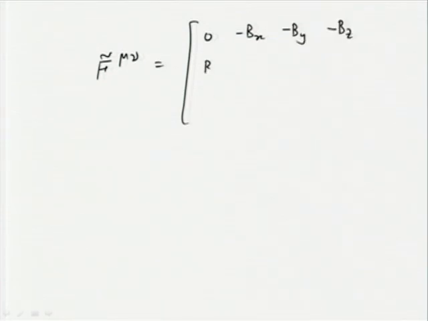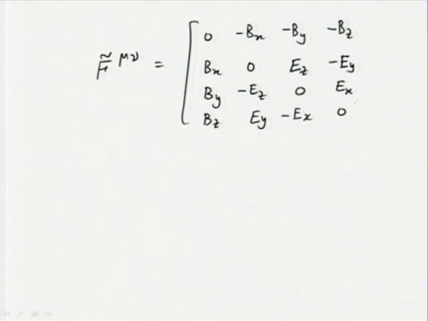So, putting it together, I have f tilde mu nu equal to: 0, minus B_x, minus B_y, minus B_z; B_x, 0, E_z, minus E_y; B_y, minus E_z, 0, E_x; B_z, E_y, minus E_x, 0.